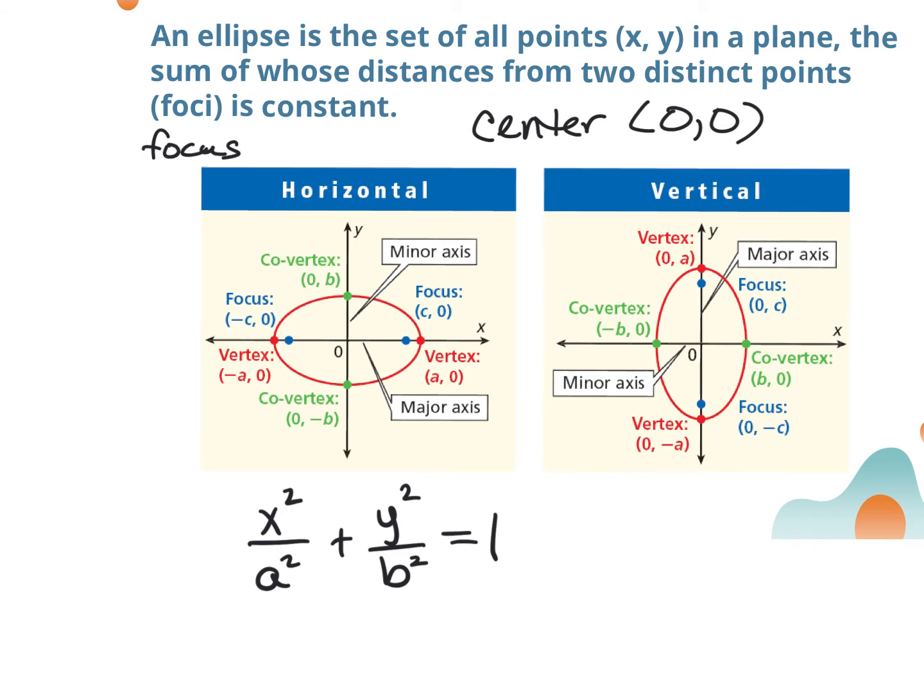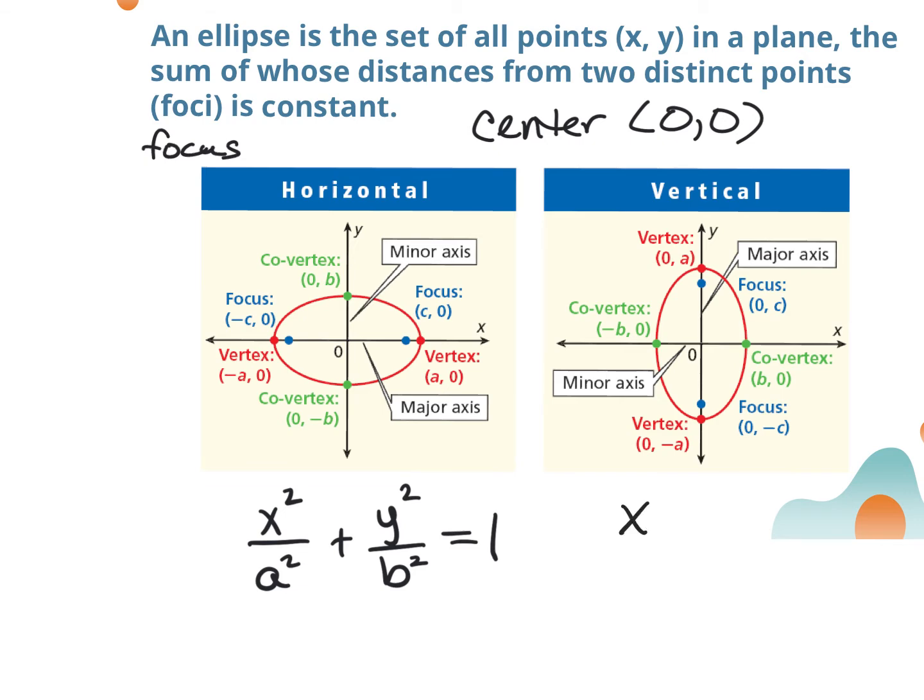The way that I can tell which axis is major is the bigger denominator. In this case, the a squared is always going to be the bigger number, and whatever letter it's under, that'll be your major axis. So when a squared is under the x squared, your major axis is horizontal, or the x-axis.